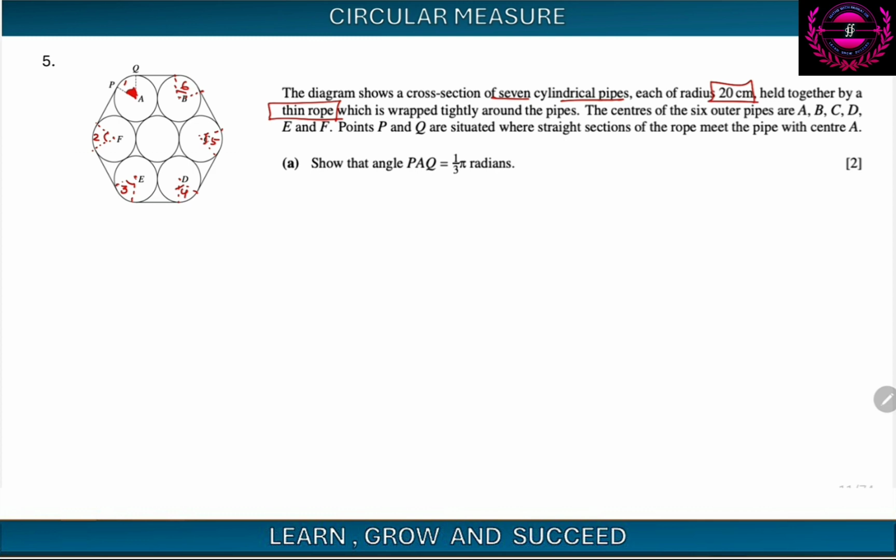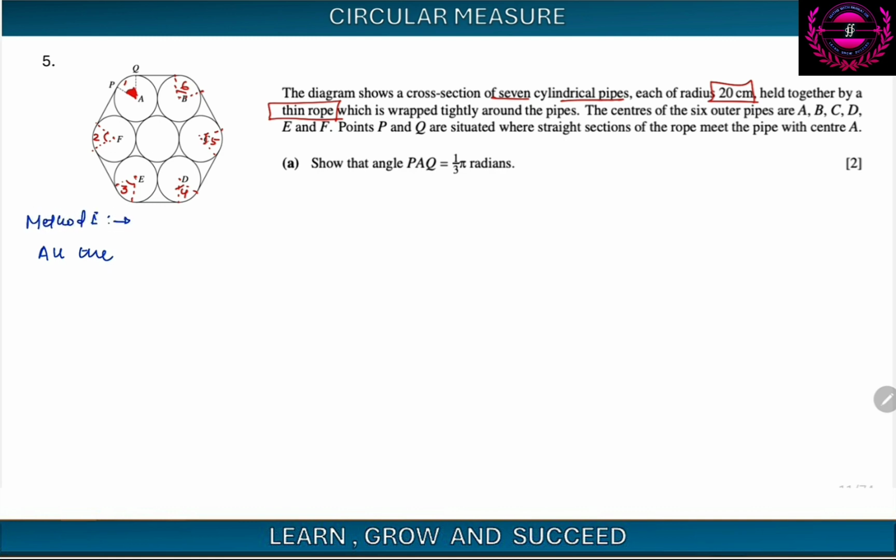So you will see there are 6 sectors, and if you combine all these sectors together, they will make a complete angle. This can also be solved by a different method. I'll explain to you both the methods, method 1 and method 2.